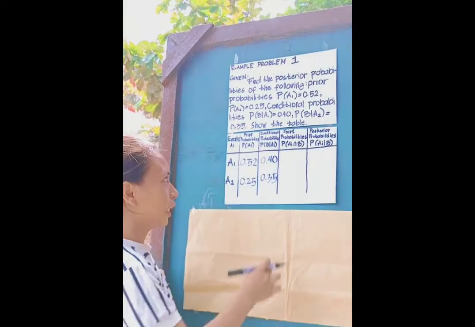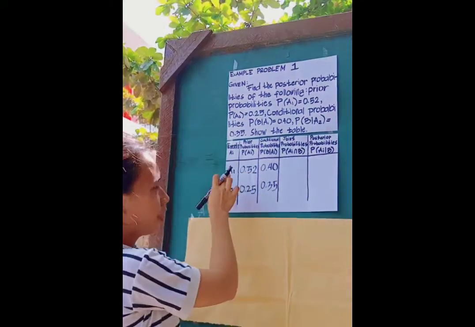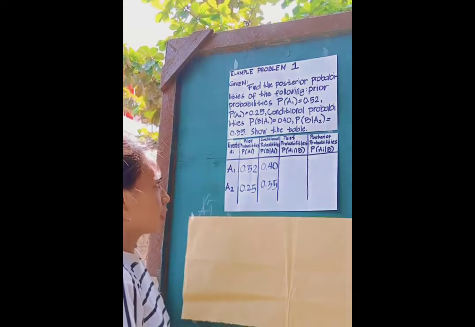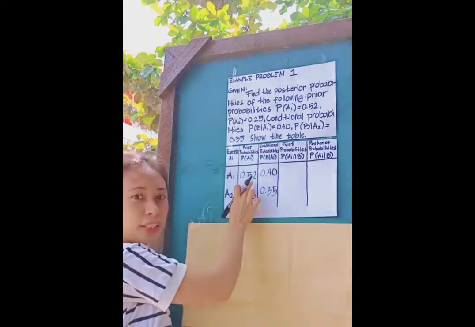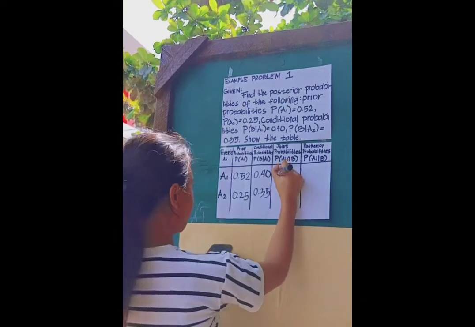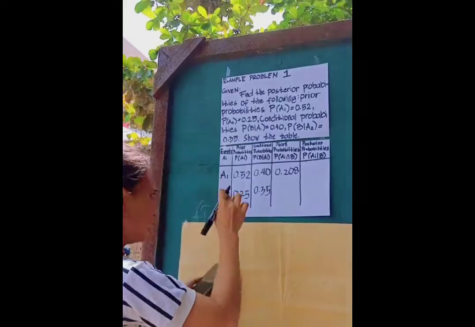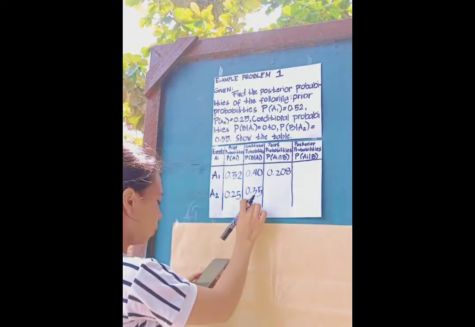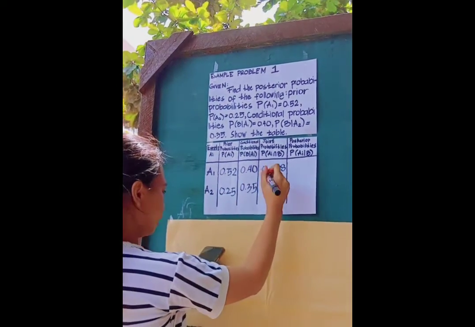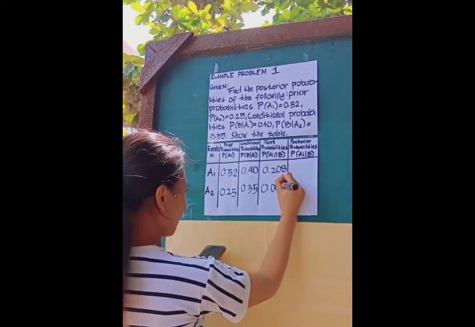To get the joint probabilities, we have to multiply the prior probabilities and the conditional probabilities. So 0.52 times 0.40 is equal to 0.208. And then the same for A sub 2, 0.0875.